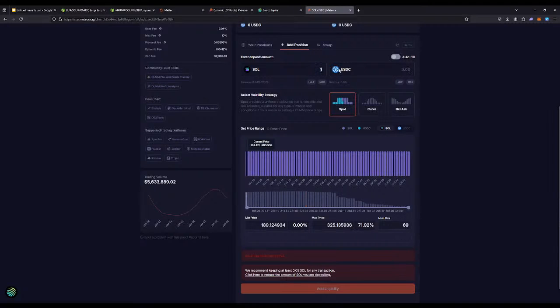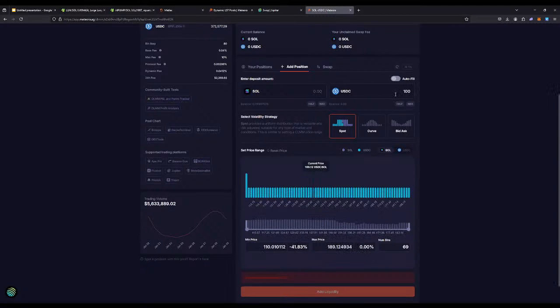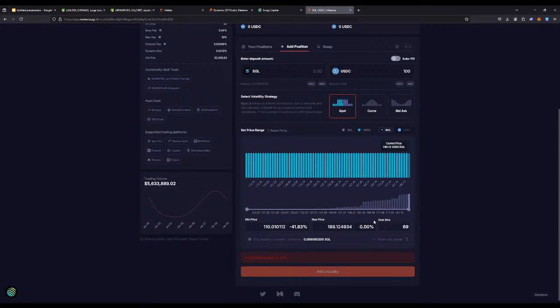At the same time, if I make SOL 0 and put 100 USDC, it gives me a range of minus 40%. The entire range will always remain the same, but you can customize it as you want to provide liquidity in whatever range you choose. This method is very customizable, which I'll show you in just a minute.